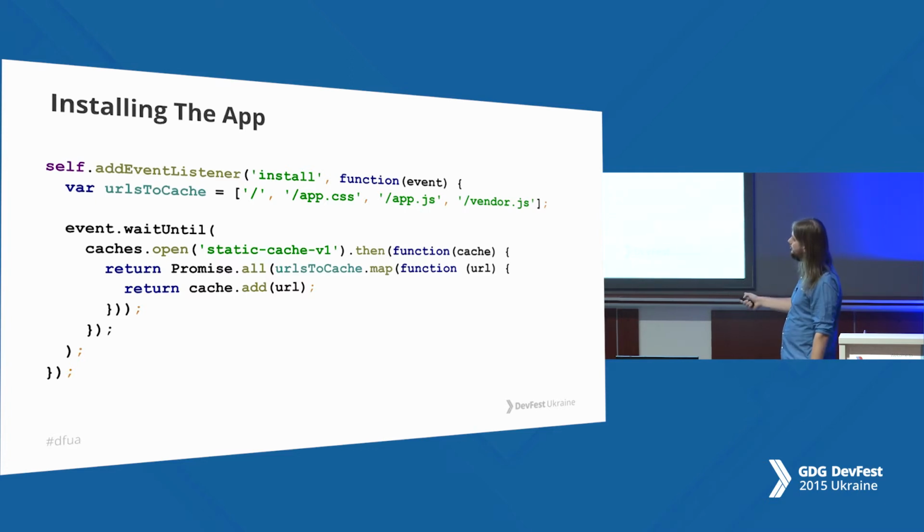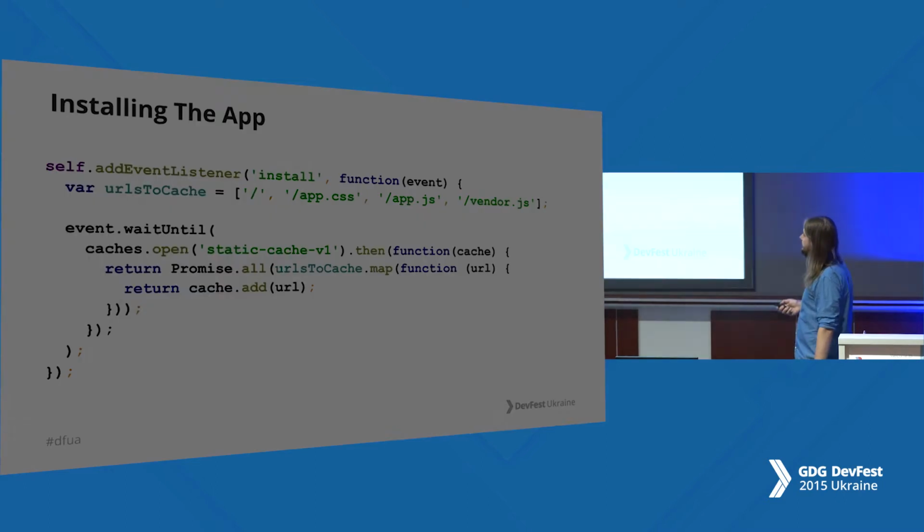You map them and you put them into the cache. cache.add(url). And that's it. So you have now cached all these static files. Normally, when you install the app, you cache static files, but you can cache anything you want, actually. But the default scenario is to cache some static files.